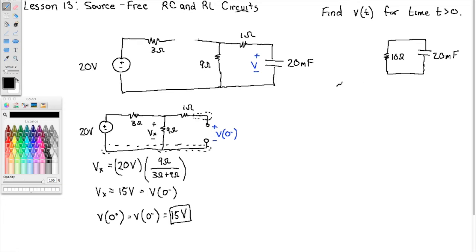So the circuit time constant is 10 ohms times 20 millifarads, or if you like, 20 times 10 to the minus third farads. Okay, so 10 times 20 is 200, or 2 times 10 to the second, times 10 to the minus 3, gives us 0.2 seconds.